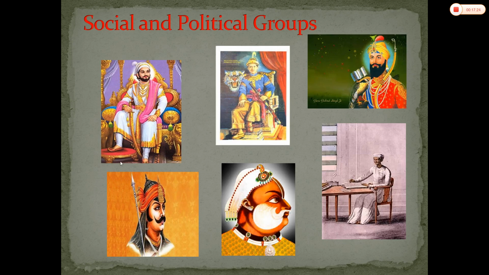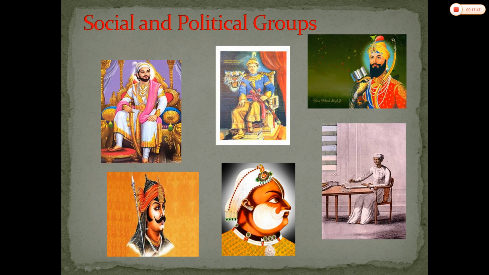As you can see, the Maratha kings, Ahom kings, Sikh kings, and the Kayastha community, who were basically the scribes. You know the meaning of scribes? Scribes are the people who write manuscripts or write by hand.